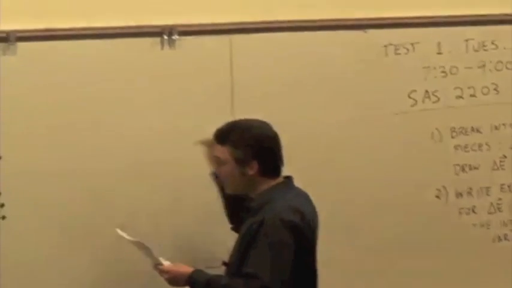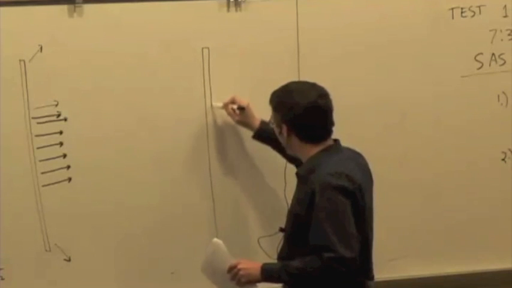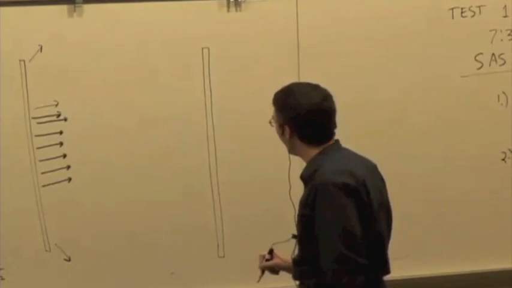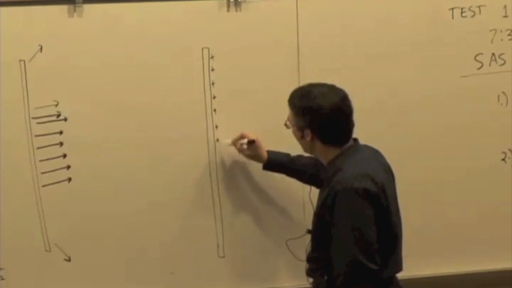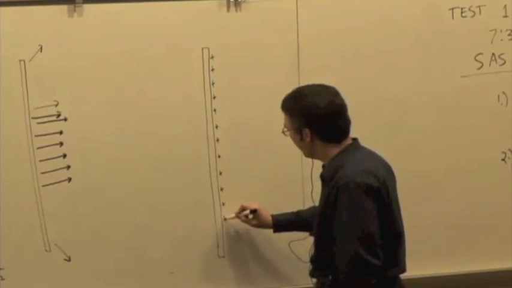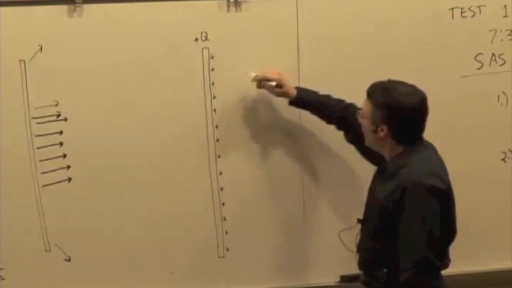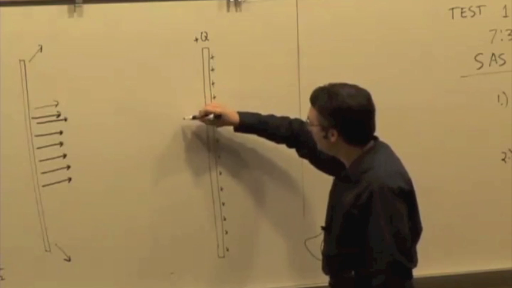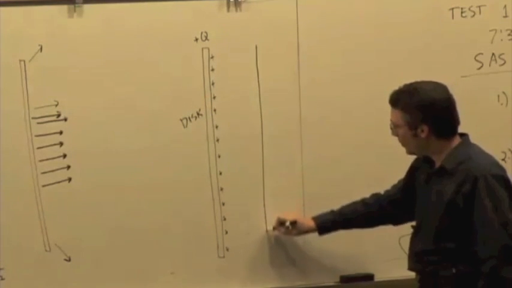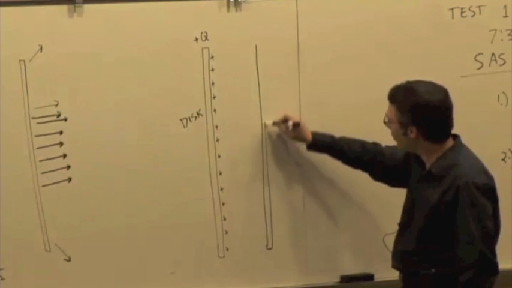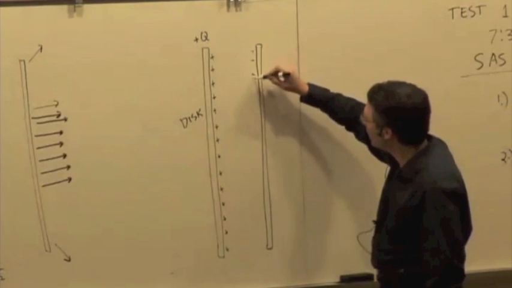In practice, there's a specific situation that comes up a lot in technical applications where you have one disk that is positively charged, so we'll call this plus Q. Again, this is an edge-on view of a disk. And there's another disk of the same dimensions, parallel to it, right next to it, but with the opposite charge. So this is negatively charged.